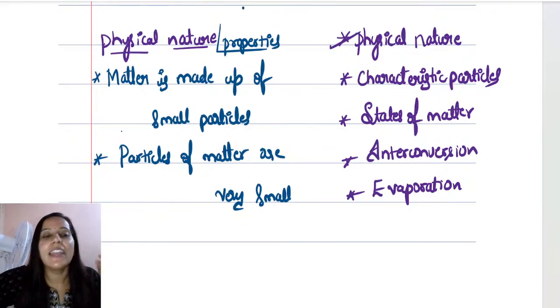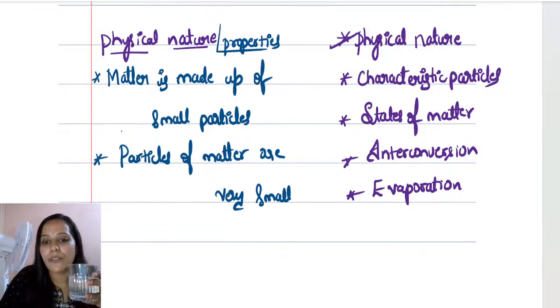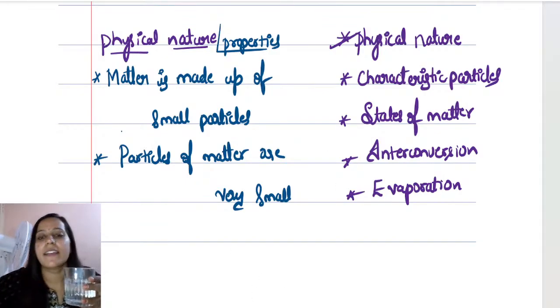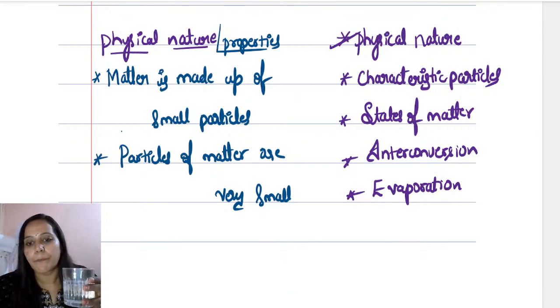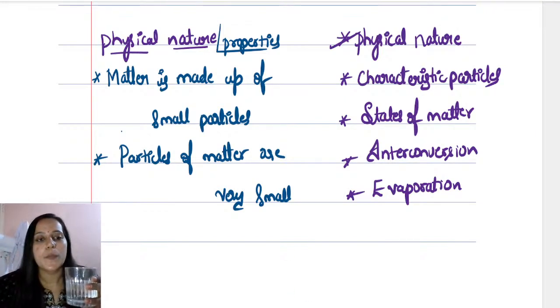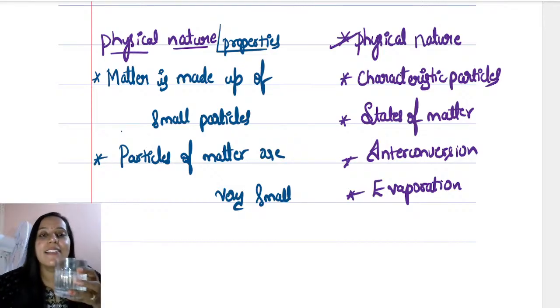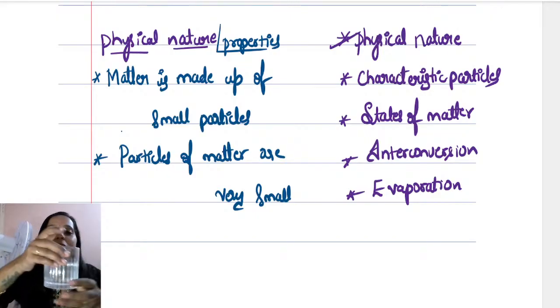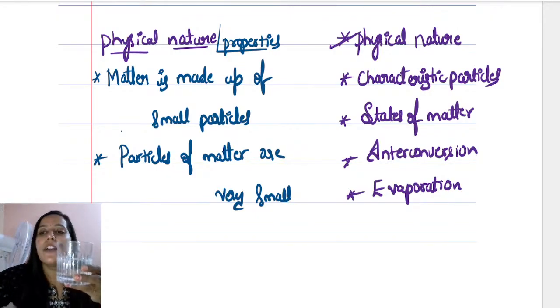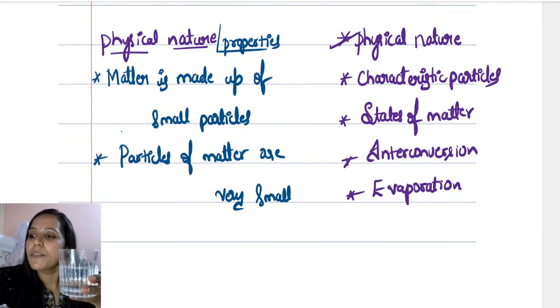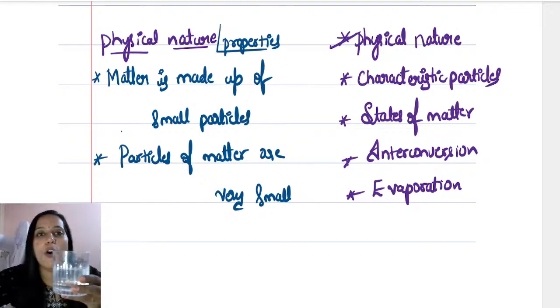The first one: see, I have a glass of water with me. You can see I have a glass of water in my hand. Just a second. Okay, you all can see there is a glass of water in my hand right now. To this glass of water, let me add a small amount of salt.